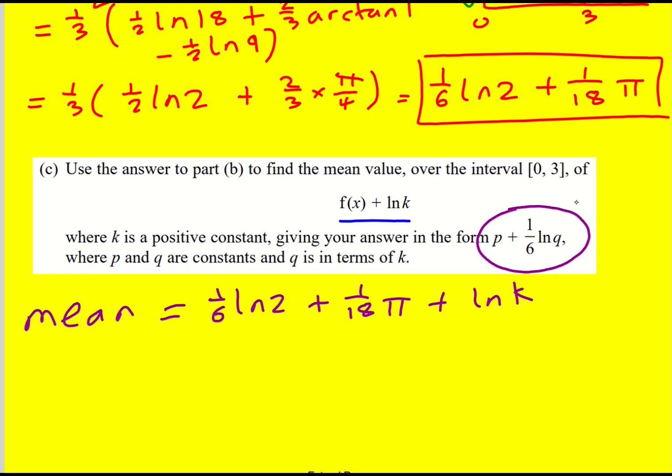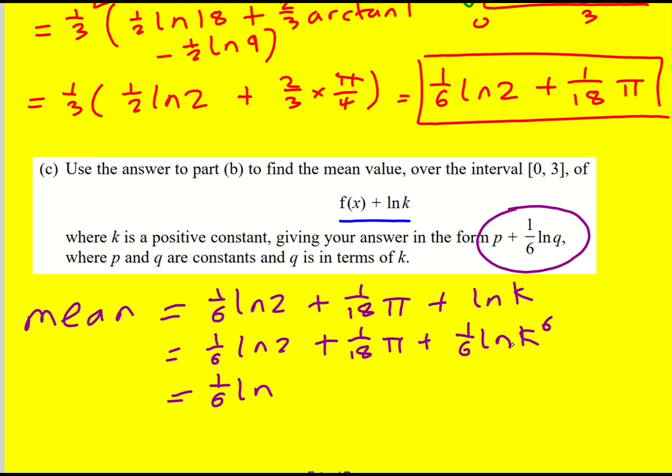Now they want us to leave it in a very specific form. To be able to combine the logs, I need to have a sixth here. So what I can do is times by a sixth and times by 6, but then bring the 6 up. They're the same thing. And then I can rewrite the lns together.